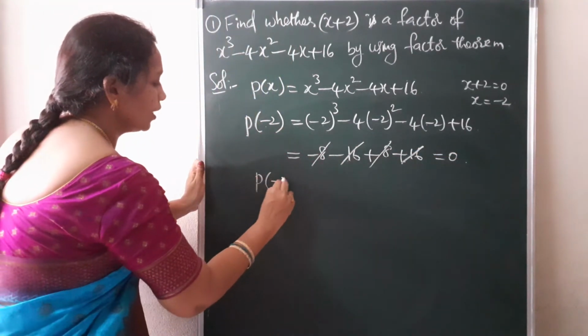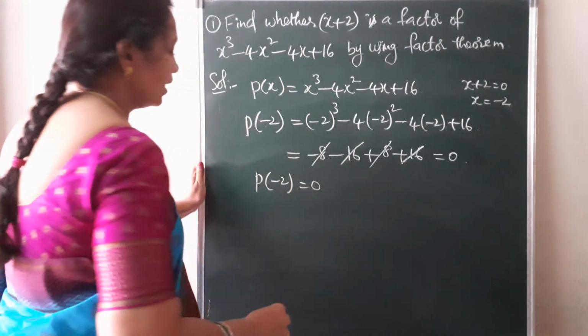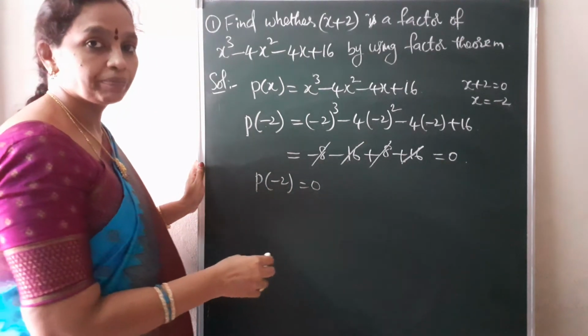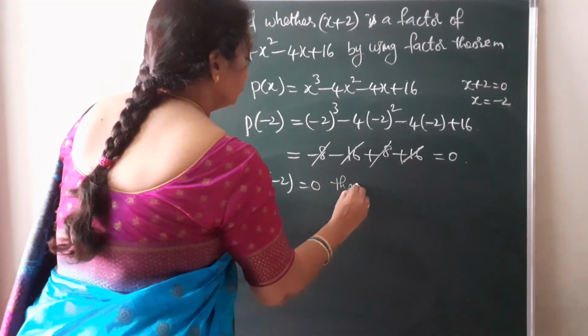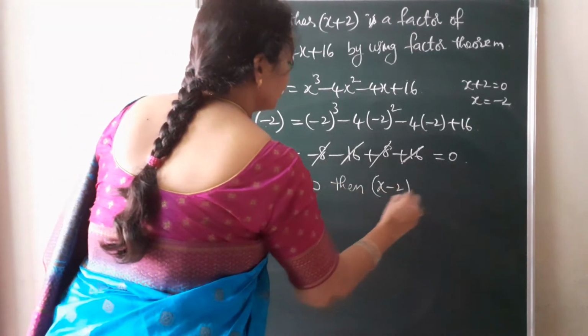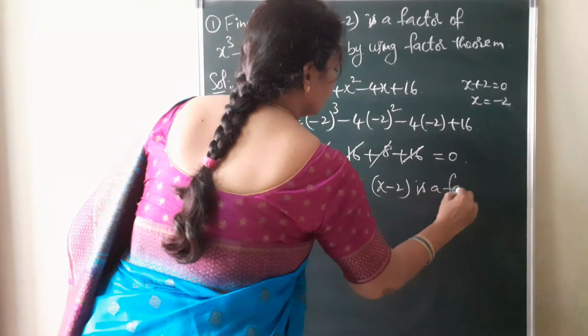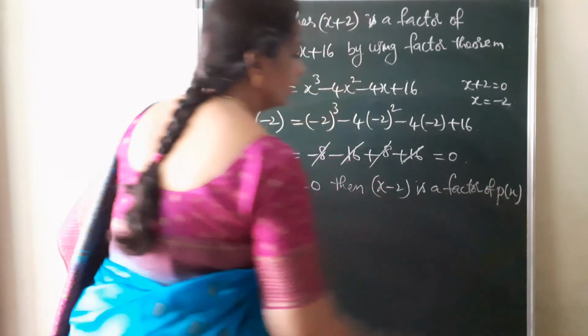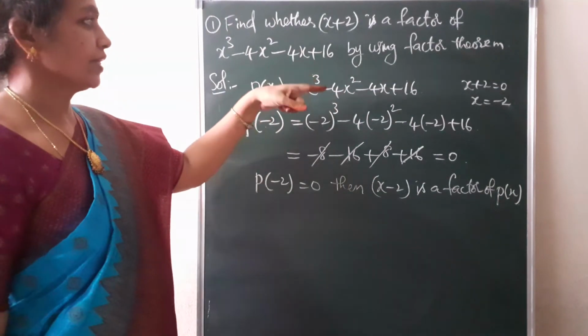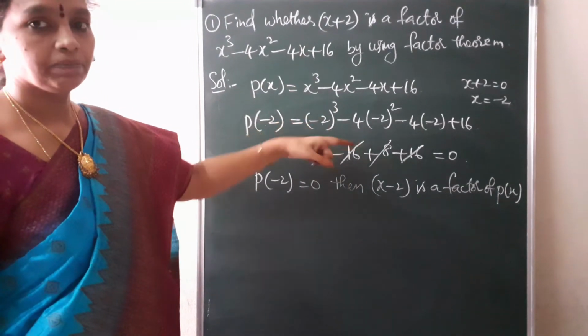Therefore p of minus 2 is equal to 0. Then by the converse of the factor theorem, we can say that x plus 2 is a factor of p of x.